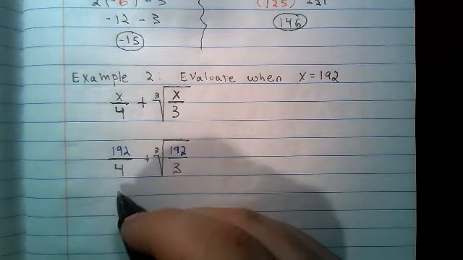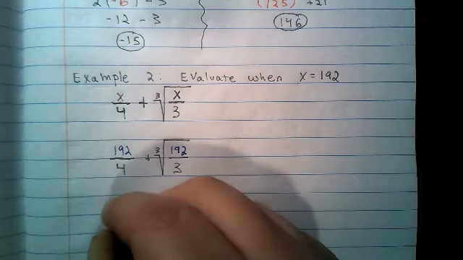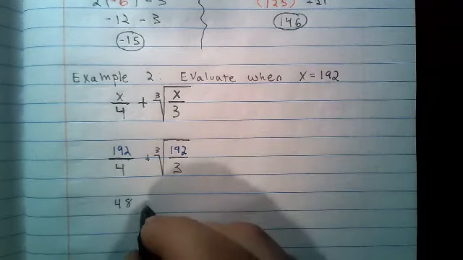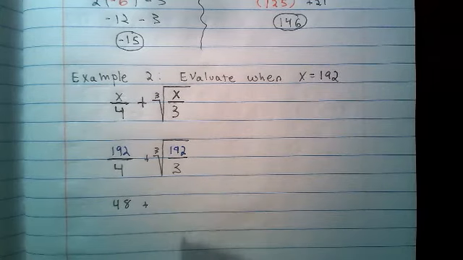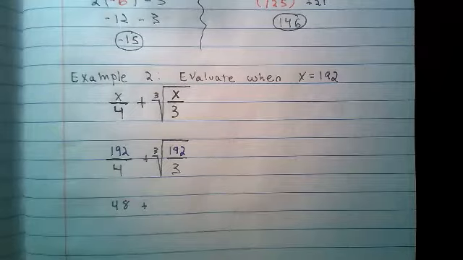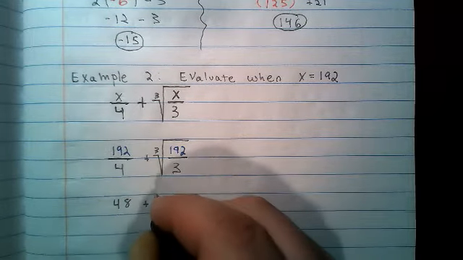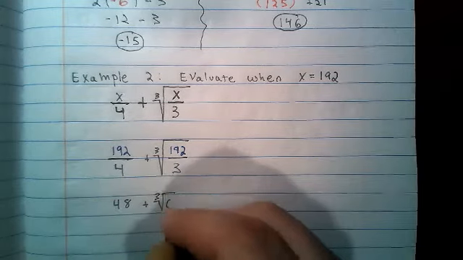And then I can just keep on evaluating. 192 divided by 4 is going to be 48. Plus the cube root of, what's 192 divided by 3? And that's 64. So the cube root of 64.